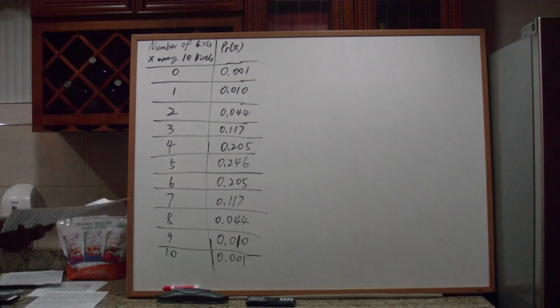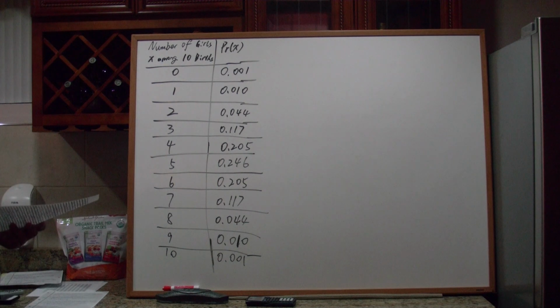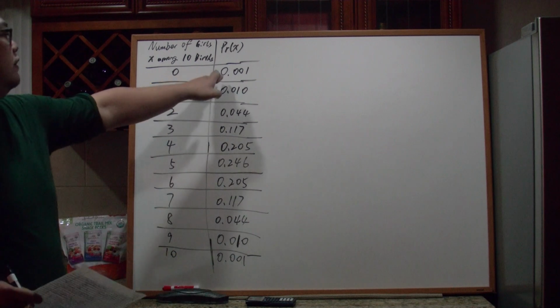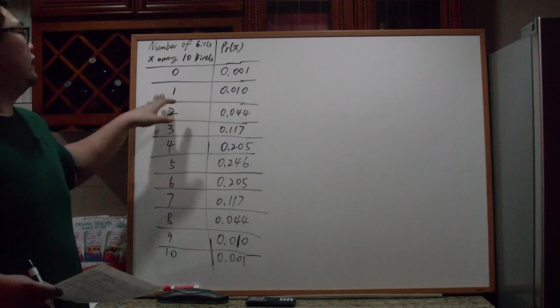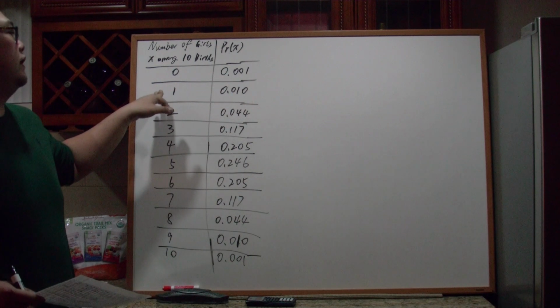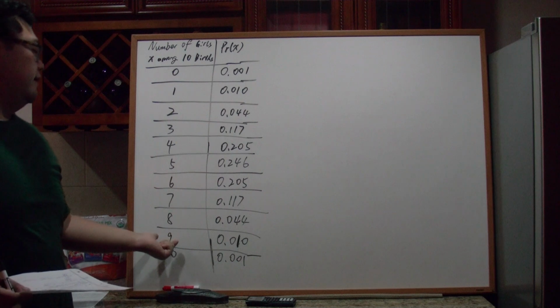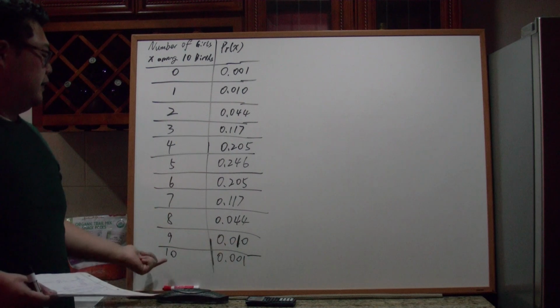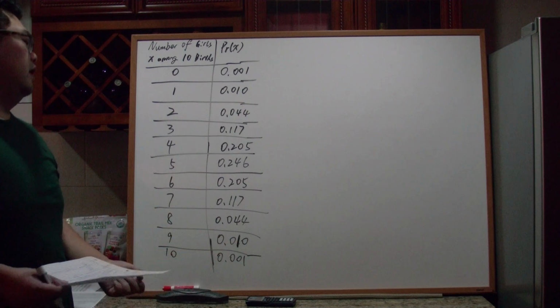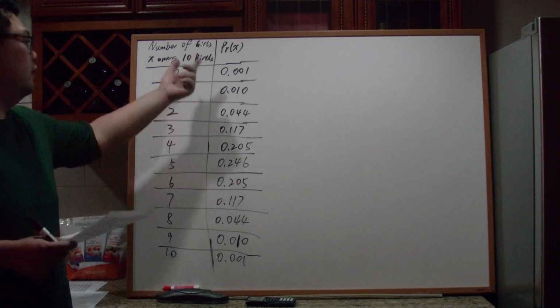Here is the table of the number of girls X among 10 births. 0 girls is 0.1%. To be 1 girl, that's 1%. Similarly, to have 9 girls, that's 1%, and 10 girls is 0.1%, and so on.